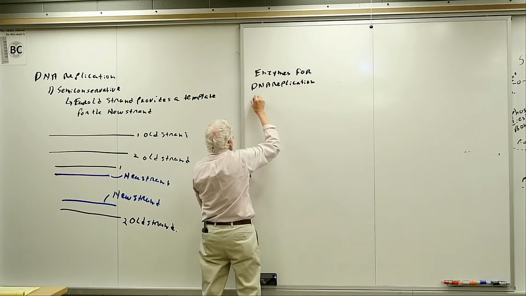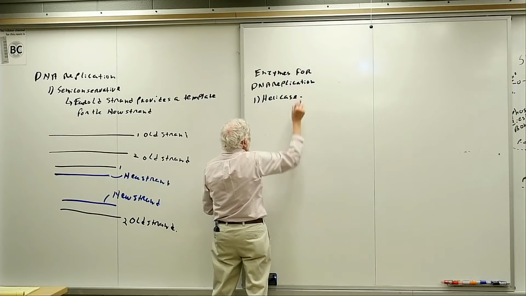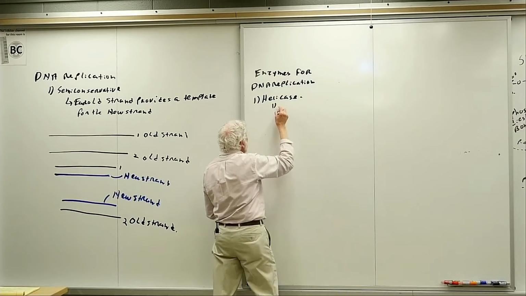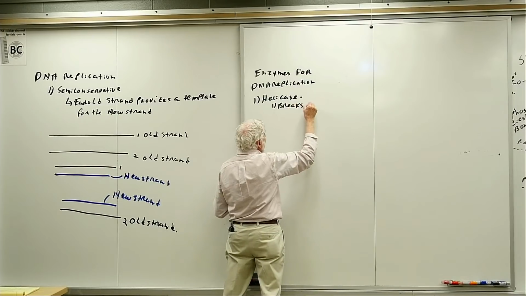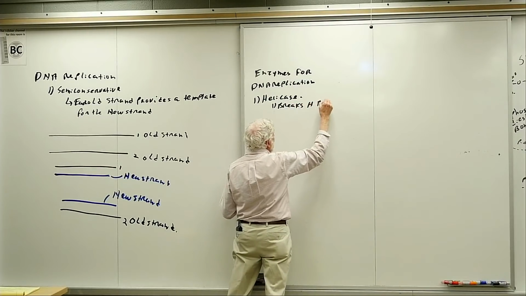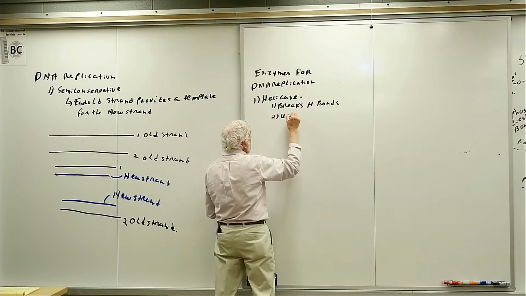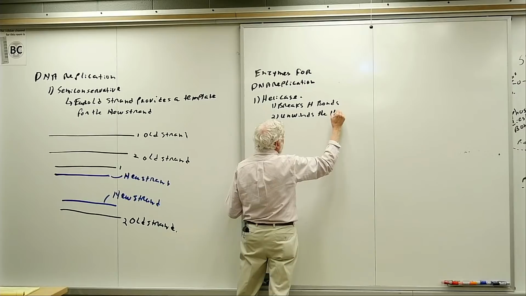The first one we're going to talk about is helicase. And the function of the helicase is twofold. First, it breaks hydrogen bonds. And second, it unwinds the helix.